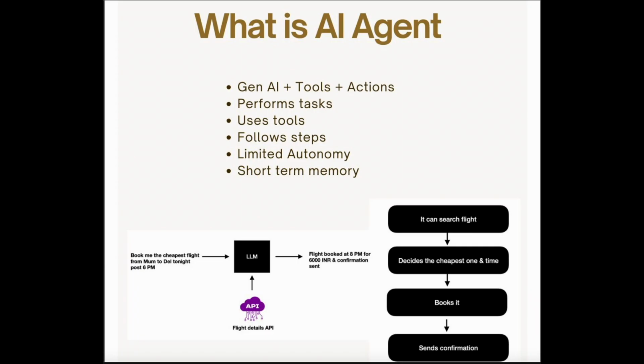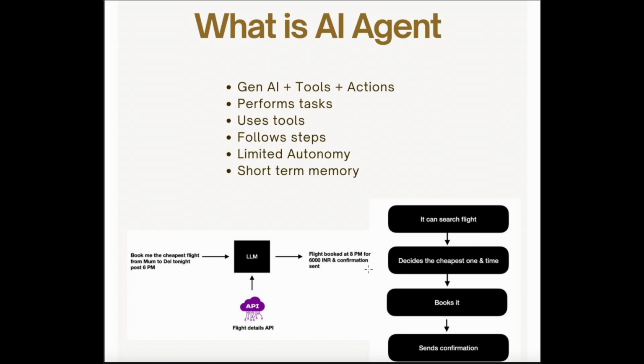For example, I've mentioned a flow down there, just like we saw in the previous Gen AI example. There, it could only list the flights based on the API details. But here, you are asking it to book the cheapest flight from Mumbai to Delhi tonight post 6 p.m. So now it decides the cheapest one and the time, and books it. It also sends a confirmation like flight booked at 8 p.m. for 6000 INR, and the confirmation would have been sent to your email.